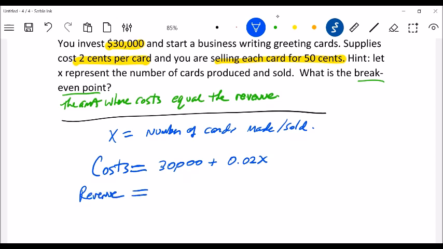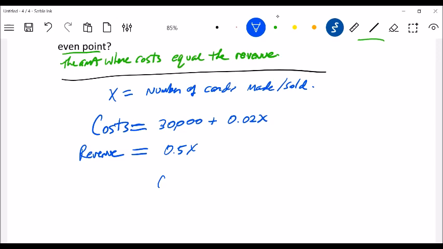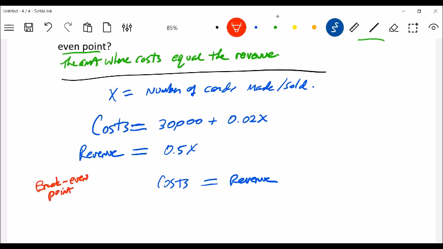The revenue, or the amount coming in, is however much you get for as many cards. So you are selling each card for 50 cents. And so that's your amount of revenue. The break-even point is when costs equal revenue.